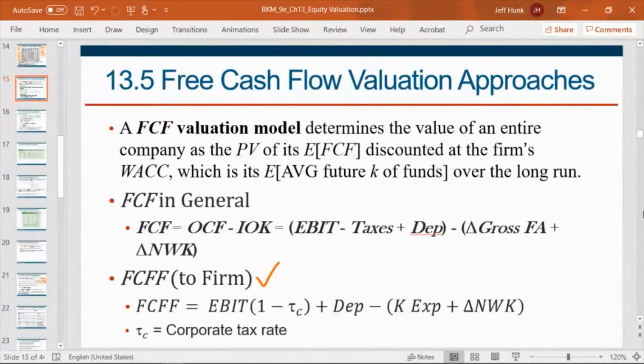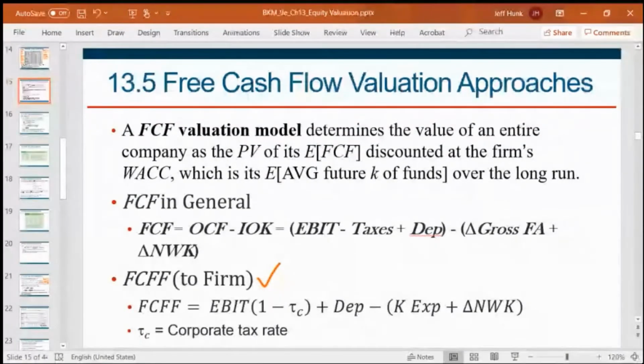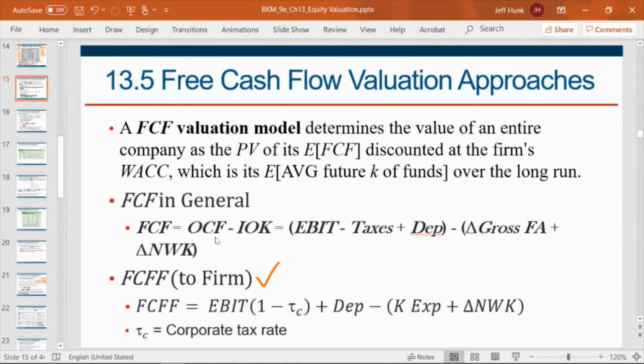So let's take a look. The free cash flow is defined as operating cash flow minus investment in operating capital. So what is operating cash flow? Operating cash flow is actually EBIT minus taxes plus depreciation.